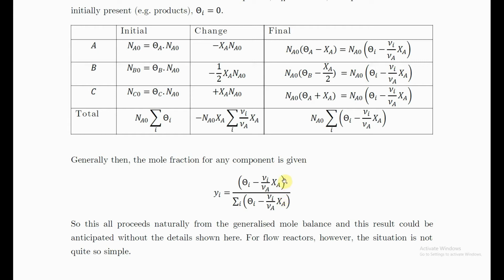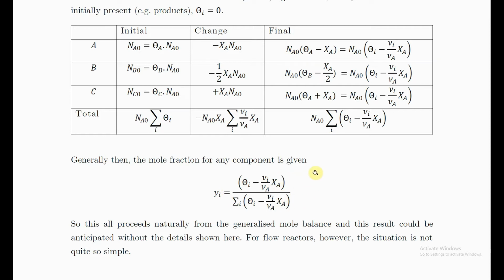And so you can also then easily say that if we have complete conversion, if component A is completely converted, then XA equals 1, and so we can then estimate what our final mole fractions will be for everything in the event of complete conversion.